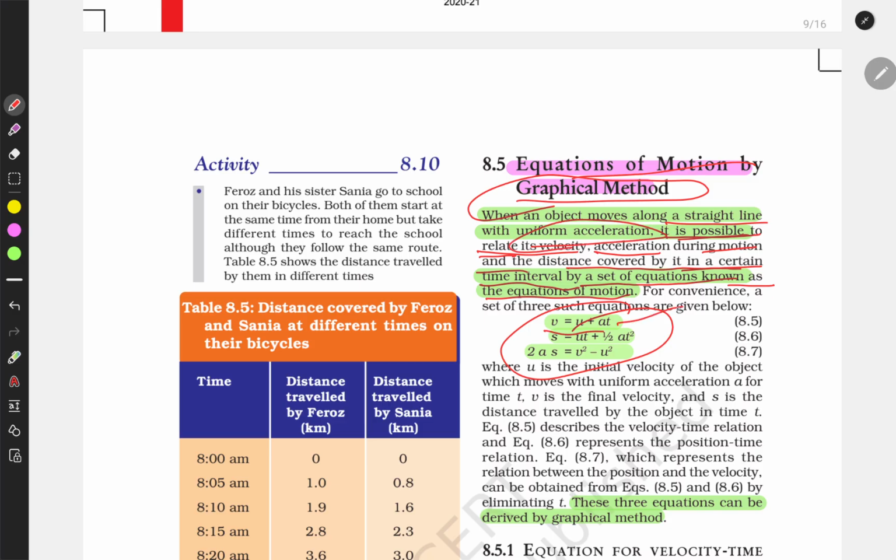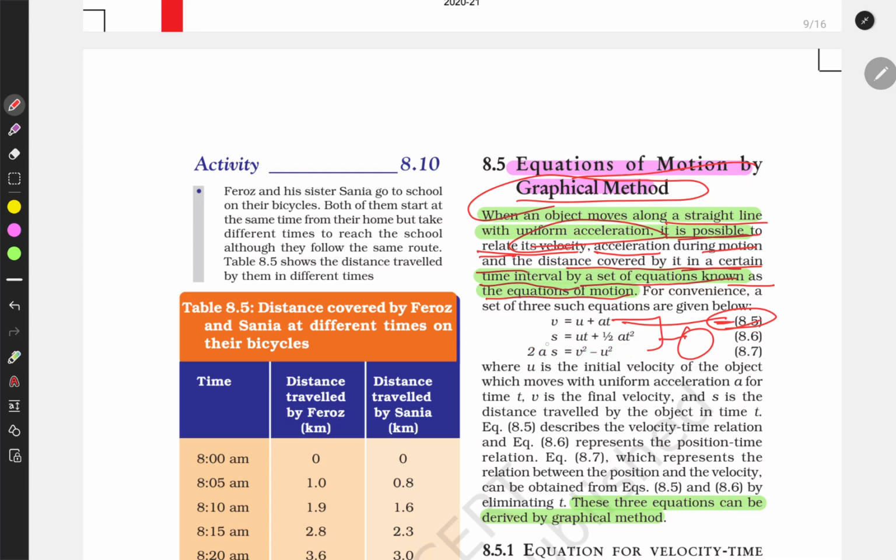s equal to ut plus half at square, which comes from this graph, and v equal to u plus at. We studied this from figure 8.5. In 11th class, we will study how this equation came, the derivation of this equation.